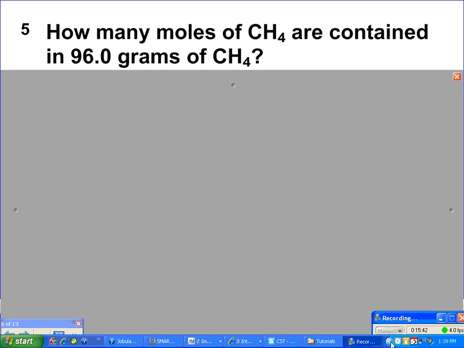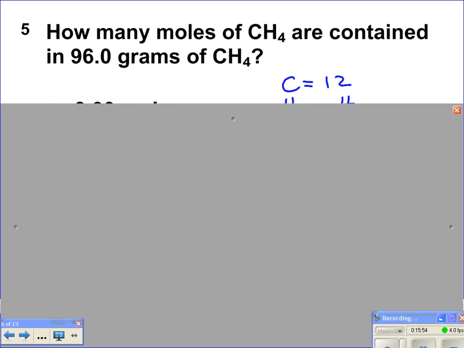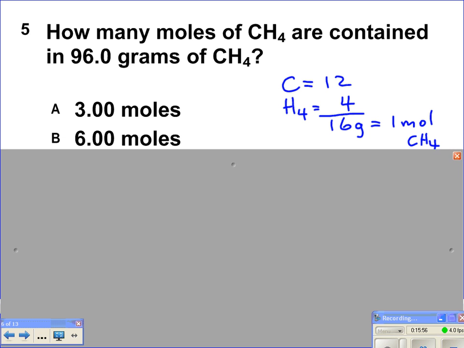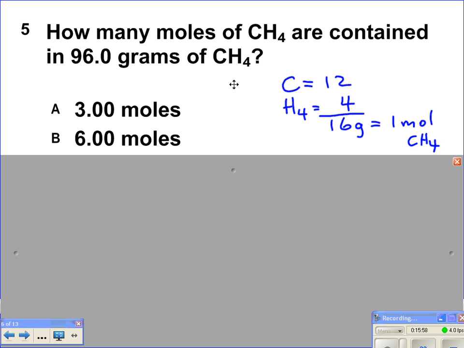In this problem, they want to know the moles of methane that are contained in 96 grams of methane. And to do that, we have to know what the molar mass is. So the first thing we want to do is add up 1 carbon and 4 hydrogens, and we come out with a total mass, taking all these numbers from the periodic table.